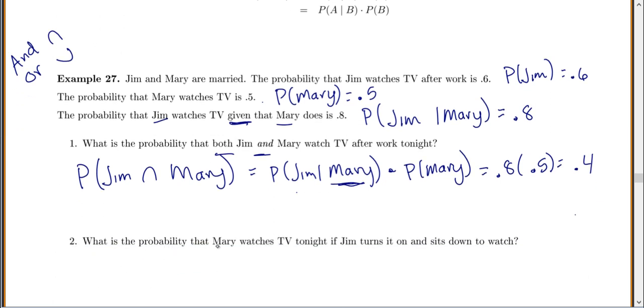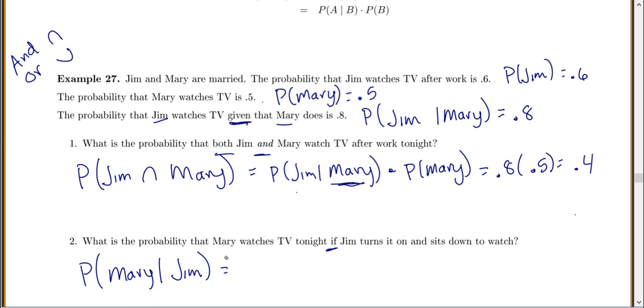Now, what is the probability that Mary watches TV tonight if Jim turns it on and sits down to watch? Notice that if tells me we want to find a conditional probability. So they're saying we know Jim is watching. Now what's the probability that Mary does? So we know Jim, and now we're looking for the probability of Mary.